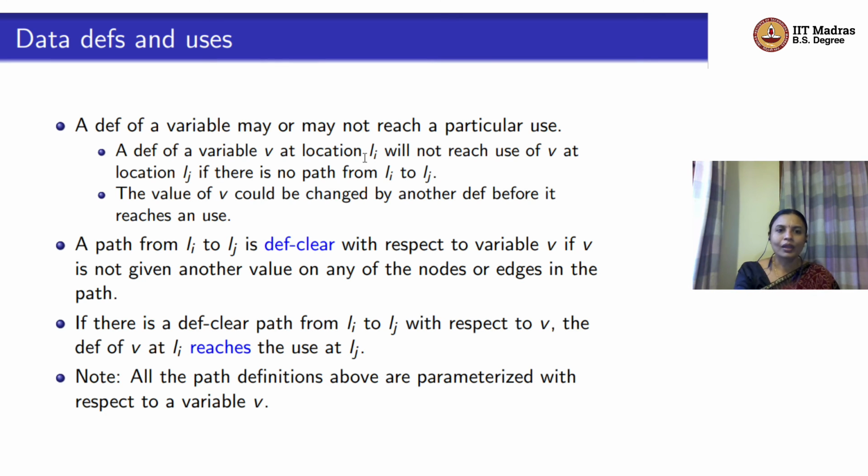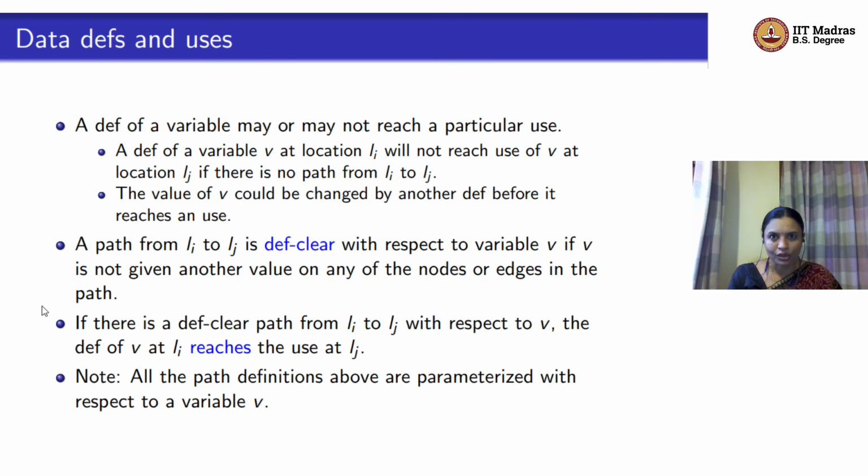We say a path from a location li to a location lj is definition clear with respect to a variable v if v is not given another value on any of the nodes or edges in the path. So let's take a variable v. V is defined at a particular location li, let's say assigned a particular value. And then v is used at a particular location lj later in the program execution.